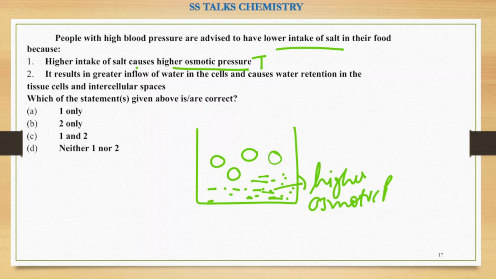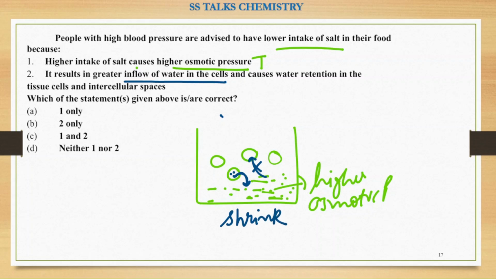When you have a hypertonic solution, the cells are going to release water to the outside. That means they are going to shrink in size. Here they are saying that there will be inflow of water into the cells. Water is not going into the cells. This thing is not happening. The reverse of this is happening. That is, when it is placed in the hypertonic solution, it is going to shrink at that point.